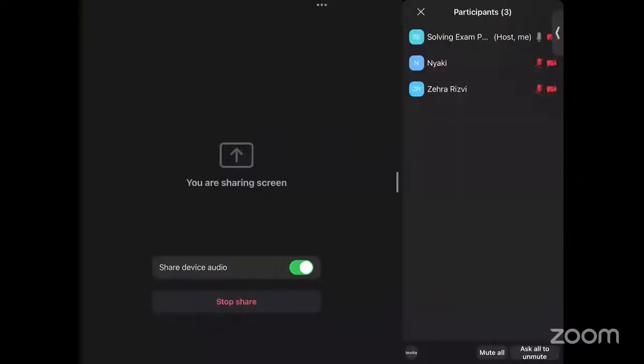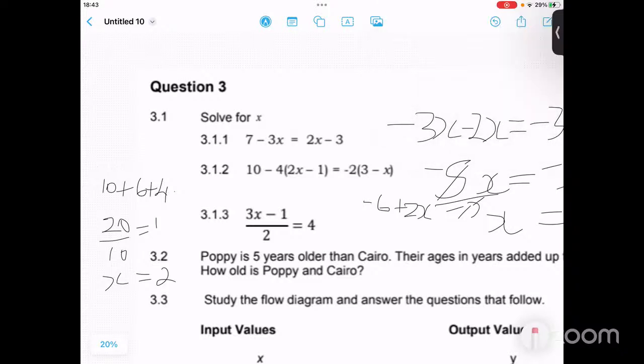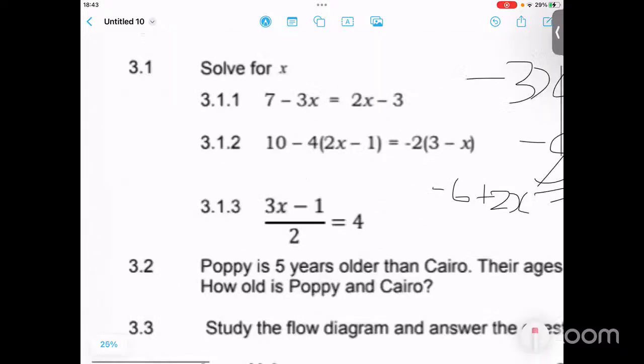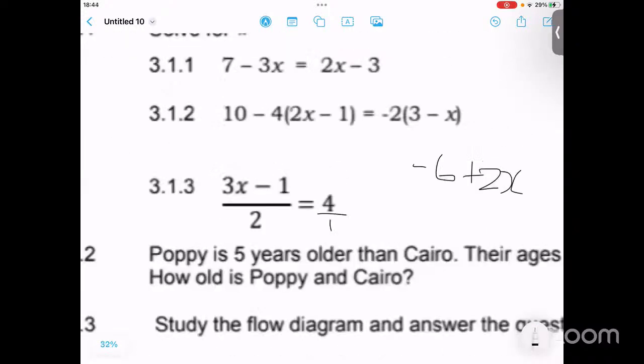Ma'am, are we gonna move the 2 and then times it by 4? Yeah, but that's what we're gonna do. And what do you get? Remember, when you're having 4 or a number, you have it divided by 1.